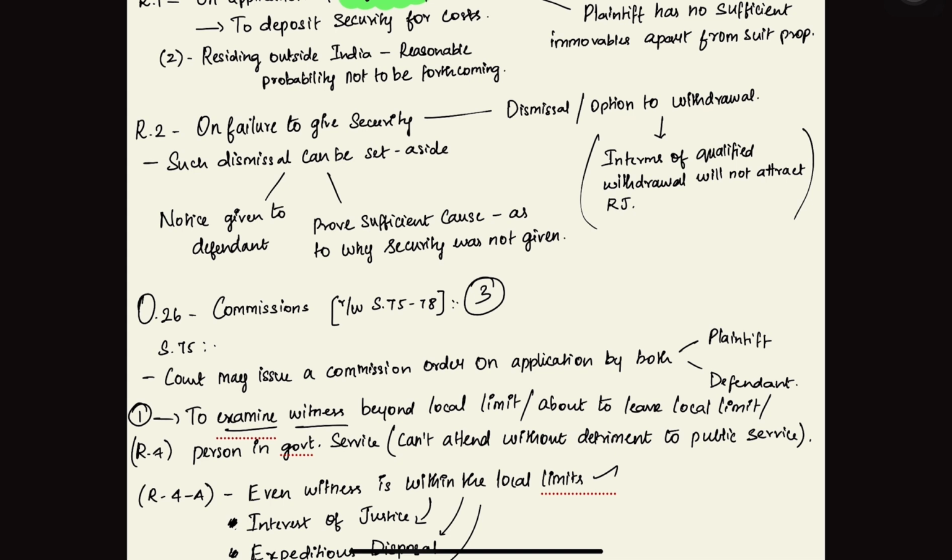Dismissal and withdrawal are two different things. There is absolute withdrawal, and there is something called qualified withdrawal. Qualified withdrawal does not attract res judicata. This qualified withdrawal will allow the plaintiff to file another case, and therefore it will not attract res judicata.